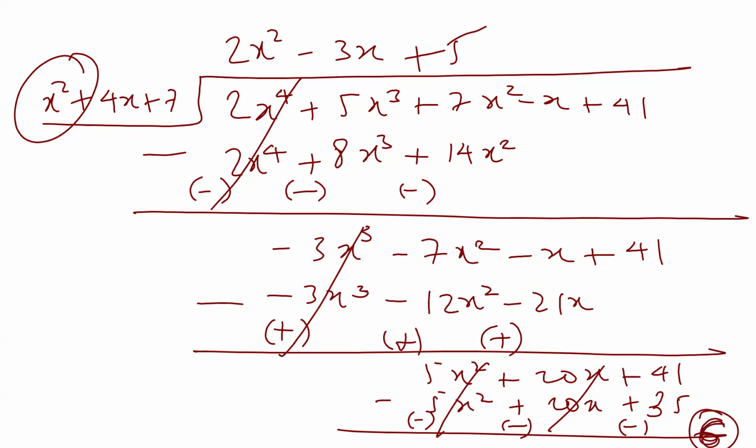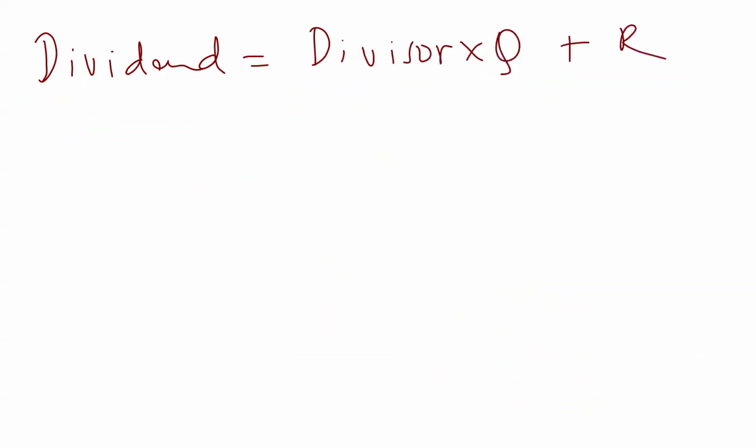Now one thing you are supposed to write: dividend is equal to divisor into quotient plus remainder. The dividend, as you all know from the question, is the thing we are supposed to find out, the value of 2x raised to 4 plus 5x cube plus 7x square minus x plus 41, equal to divisor.